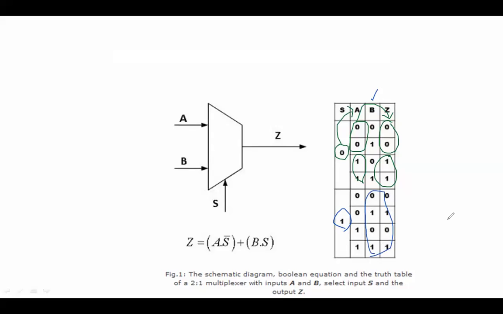This can either be 0 or 1. When it is 0, A is getting selected. When it is 1, B is getting selected. So this is very clear to all of you. Yes, sir. Okay, fine.